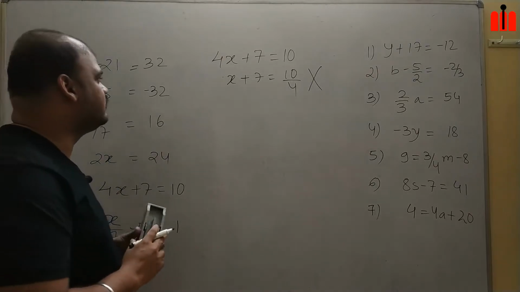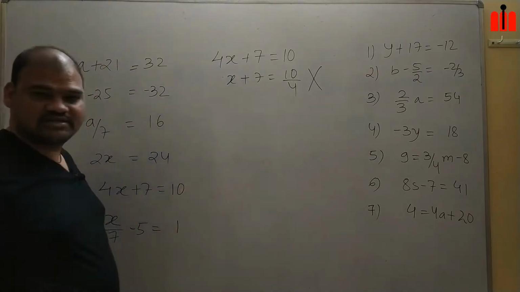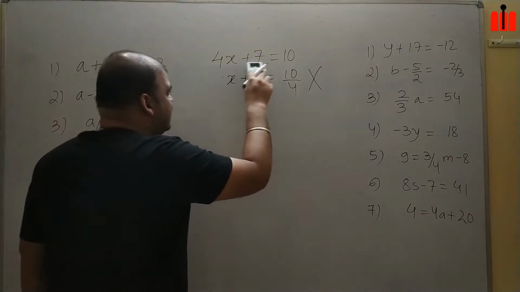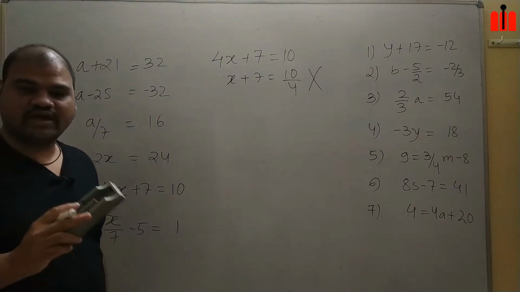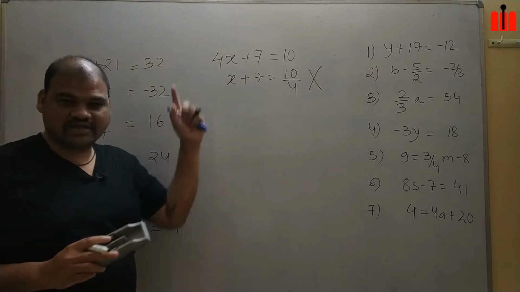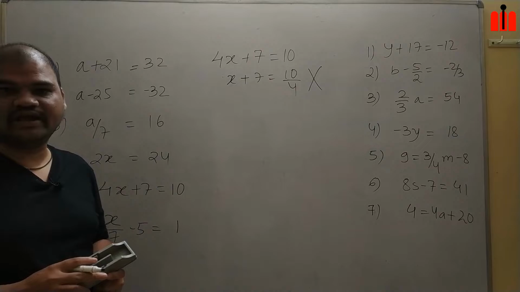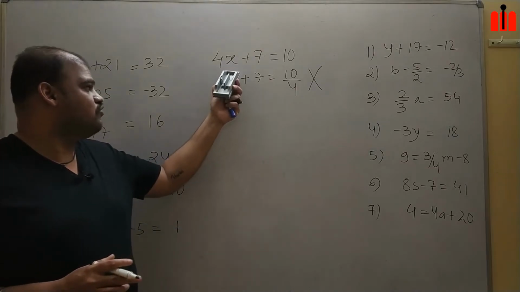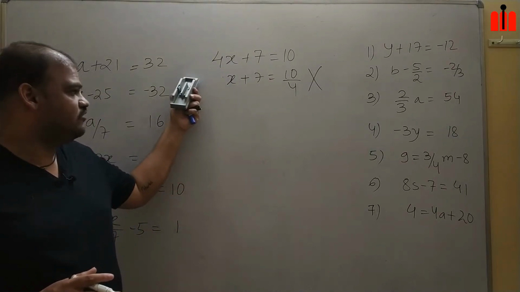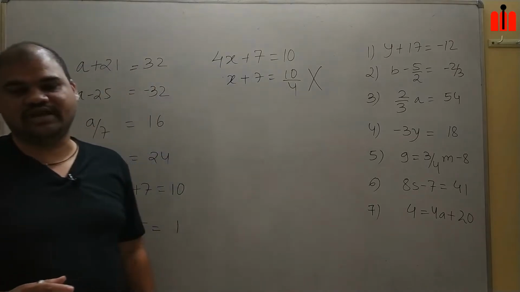What you have to see here is that 4 is the multiple of x, not of the entire LHS. Are you getting it? Only when the 4 is on the entire LHS can it be transferred to the other side.